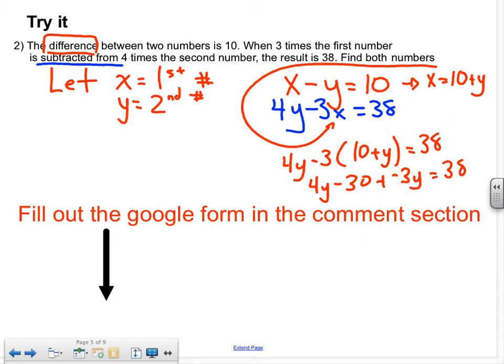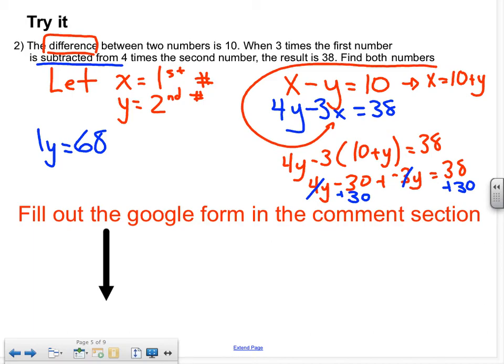Okay, I'm just going to slide over to the left. Combining my like terms, I'm going to have 1y. So we get lucky once again, we don't have to divide here. I'm going to add 30 to both sides. Okay, and I get that.